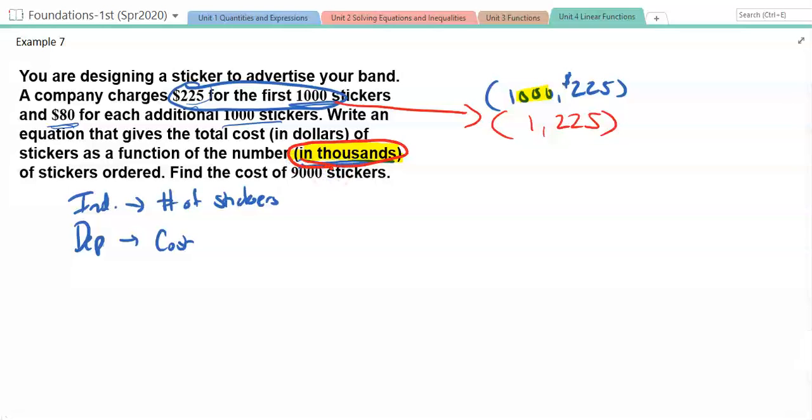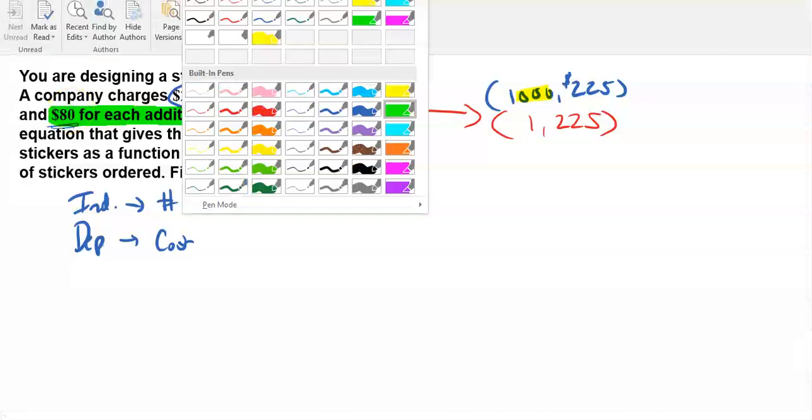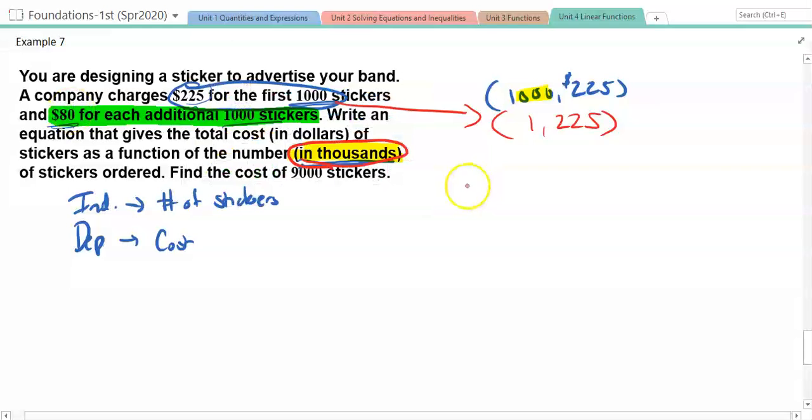Now, the second piece of information, this line here that I'm highlighting in green, is the slope, because they tell us for every 1,000 stickers that we purchase, it's going to cost us $80. And remember that our slope is the change in y over the change in x, or the change in our dependent divided by the change in the independent.